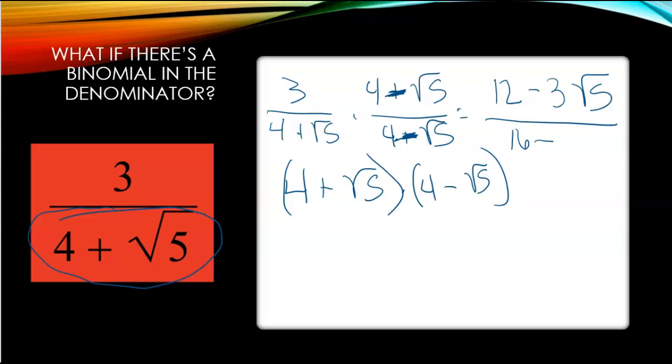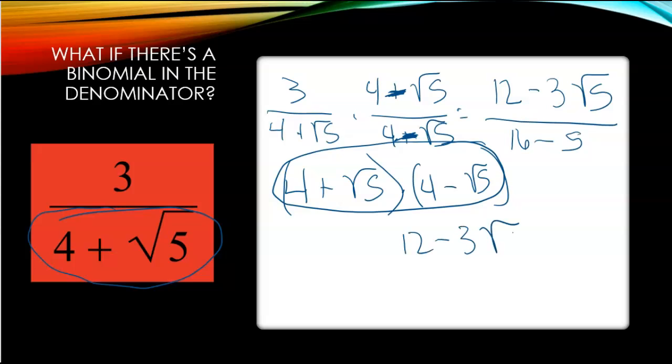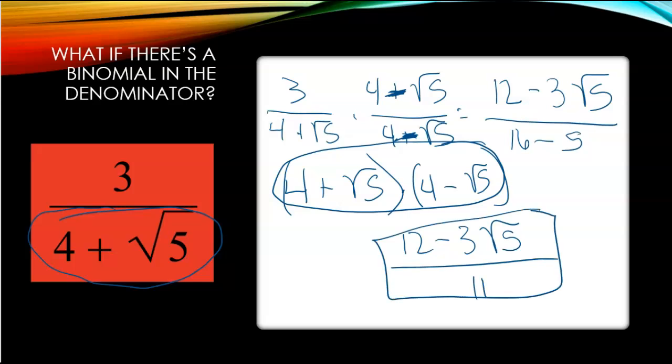Square root of 5 times the square root of 5 is 5. So what's 16 minus 5? 12 minus 3 square root of 5 over 11. Does that make sense to you? We changed this to a negative so that we would end up with the difference of two squares.